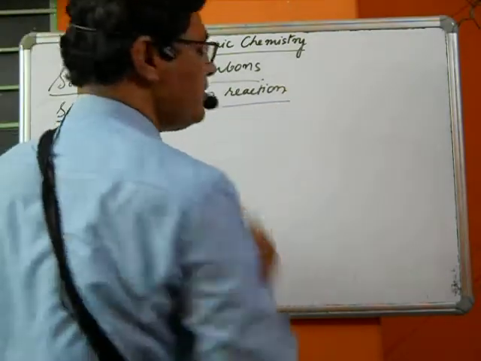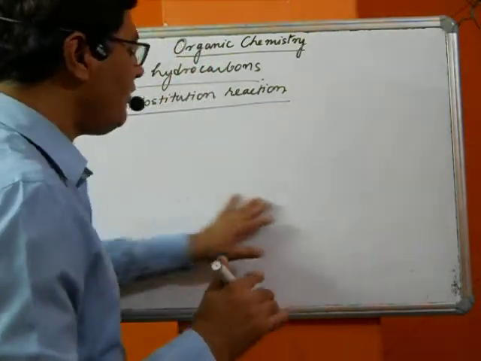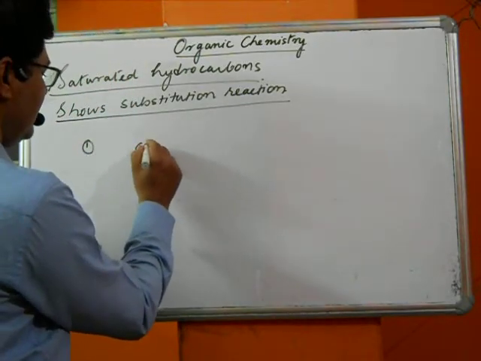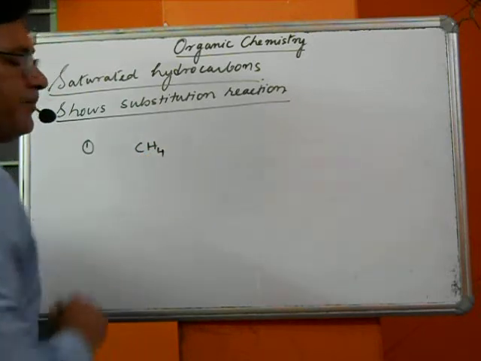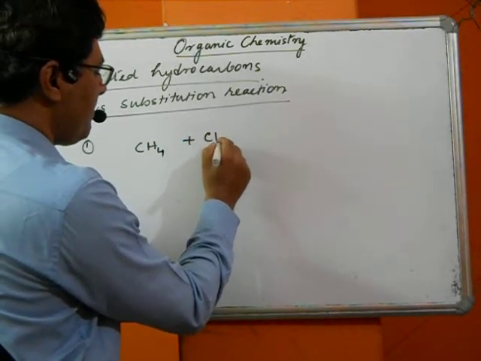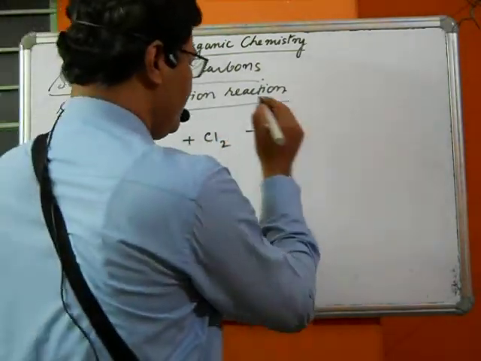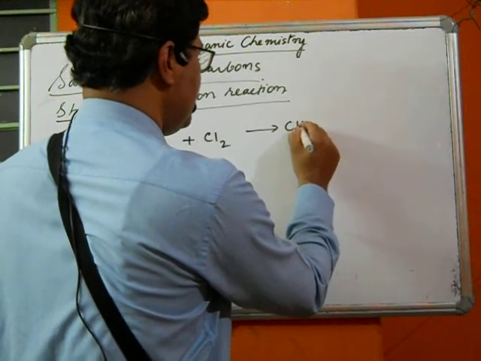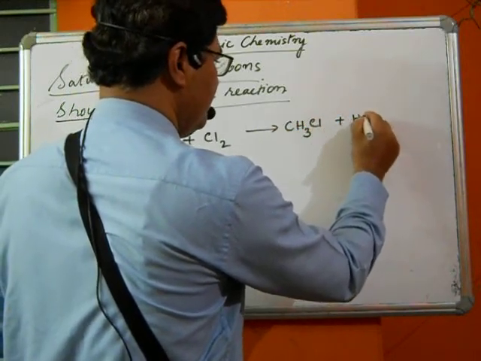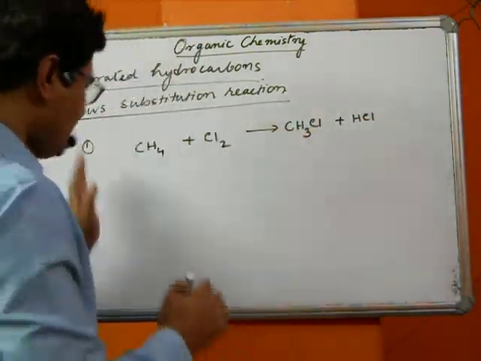Now, what is a substitution reaction? Let us understand. Let us take a simple example of methane, CH4. If it reacts with chlorine, what will happen? The first step of the reaction will be CH3Cl plus HCl. The reaction does not stop here. It carries on in the next step.